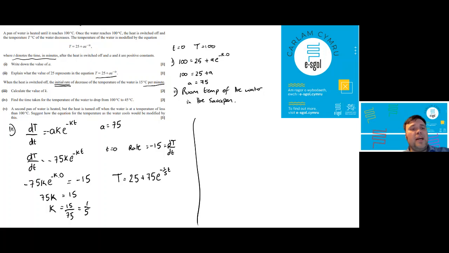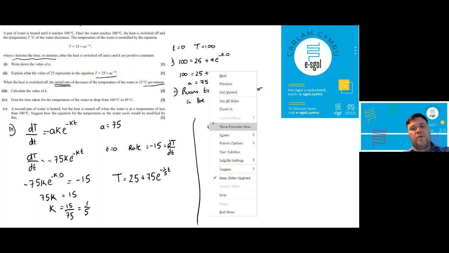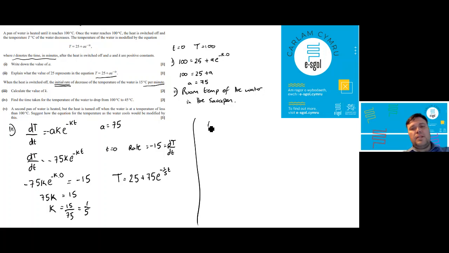Then it asks us, find the time taken for the temperature of the water to drop from 100 to 45 degrees centigrade. So we're looking for little t. We know that the temperature is 45, so we plug that into the equation.